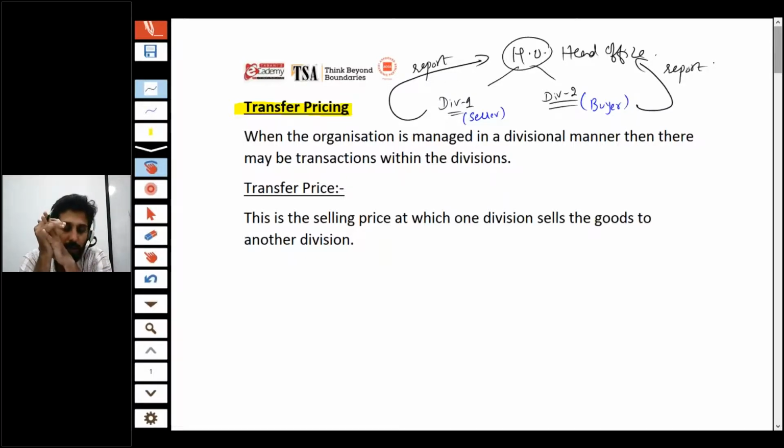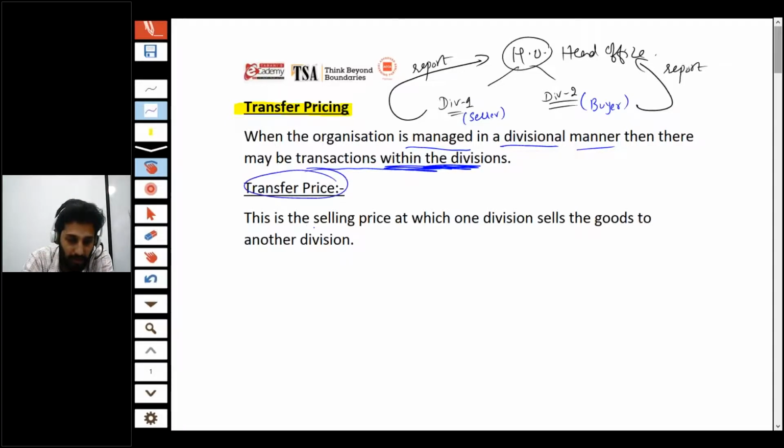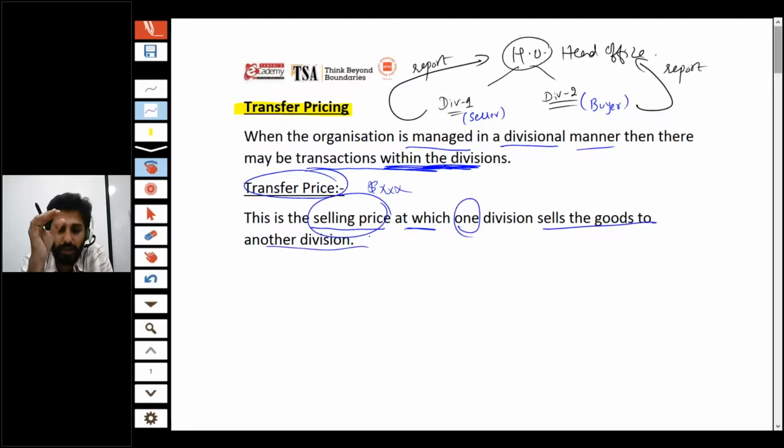When the organization is managed in a divisional manner, there may be transactions within the divisions. Transfer price is the selling price at which one division sells goods to another division.